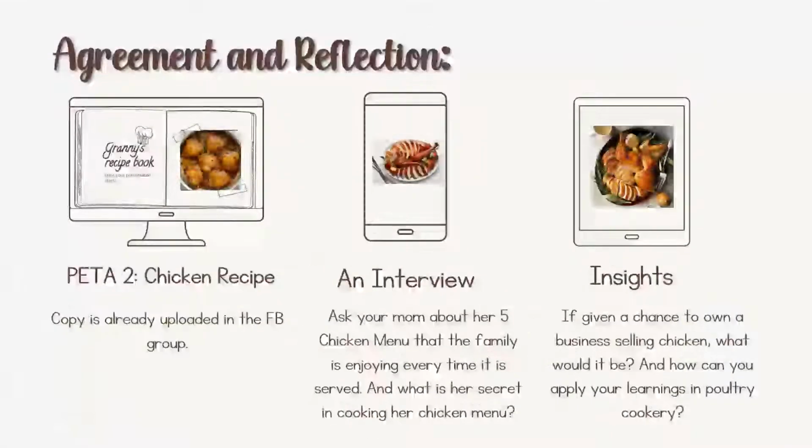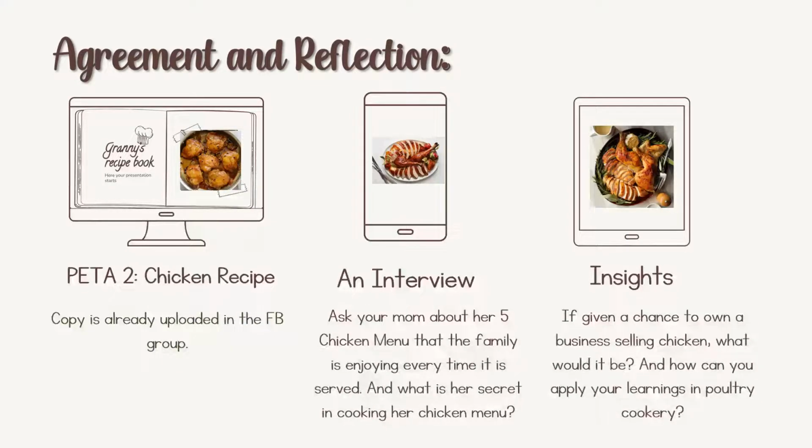For your assignment and reflection, we have the performance task 2, which is all about preparing chicken. A copy is already uploaded in the FB group. Next, we have an interview. Ask your mom about her 5 chicken menu that the family is enjoying every time it is served, and what is her secret in cooking her chicken menu.